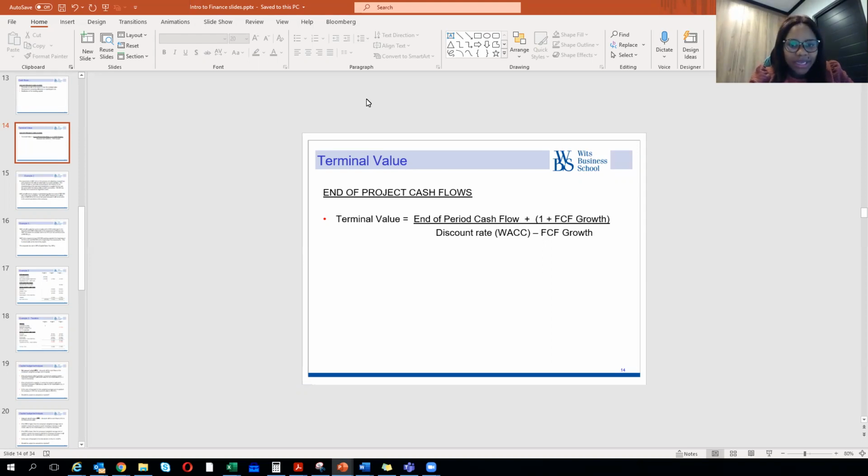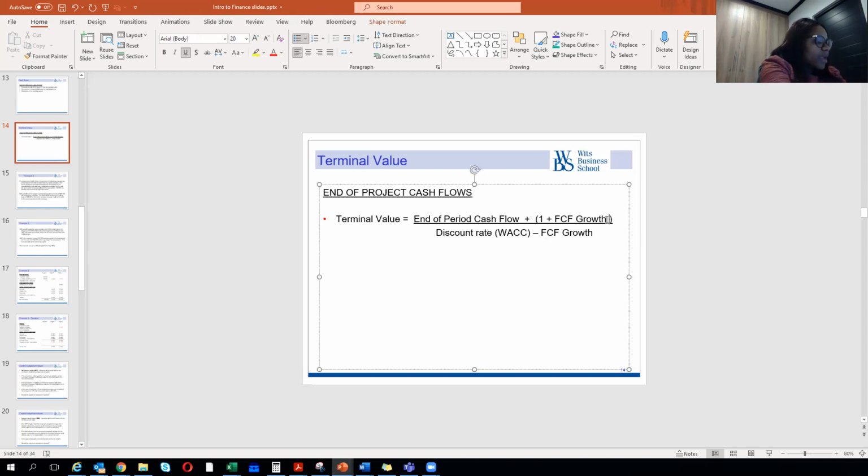How do we calculate your terminal value? The terminal value formula is your end of period cash flow. You're going to grow that by the free cash flow growth rate, the FCF growth rate.